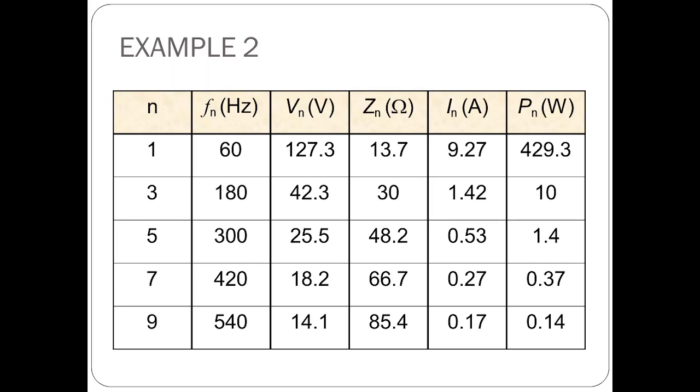So here you can see that the frequency is increasing and the voltage is decreasing, therefore the impedance is also increasing and the current is decreasing, therefore the power also decreases with the increase of frequency, as the voltage is being reduced.